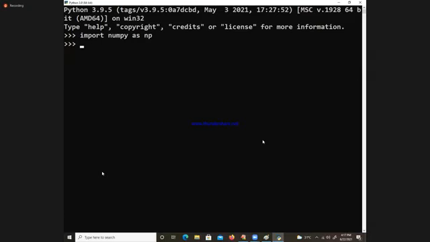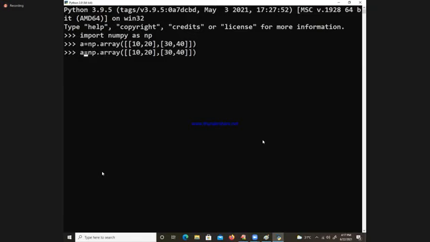Create one array. A is equal to np dot array of 10 20 30 40. I will take a 2 by 2 matrix because you need to understand easy calculation. Later we can go further. It is a two-dimensional array. A is created.